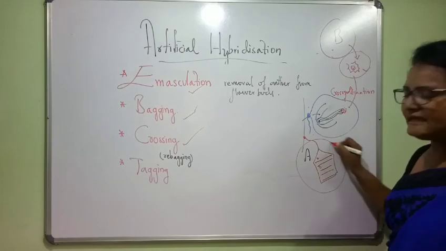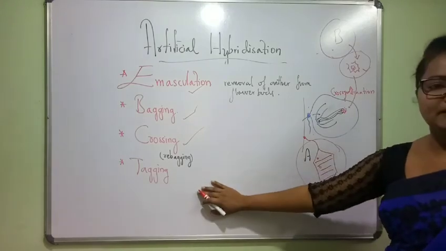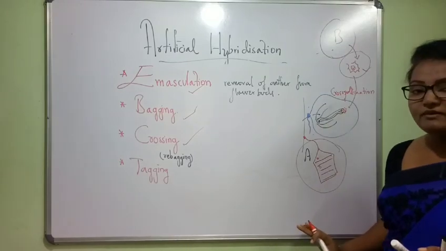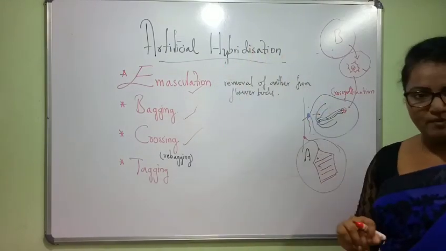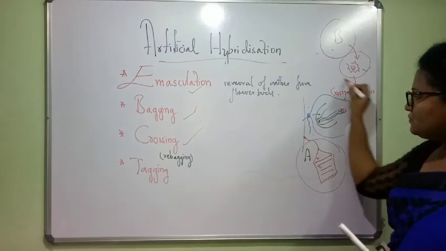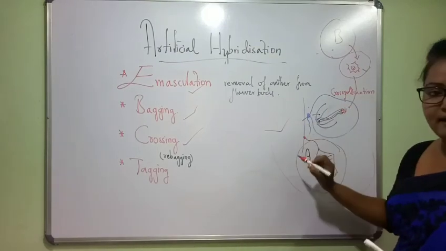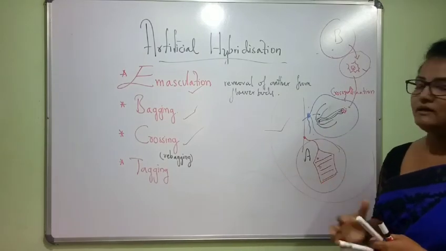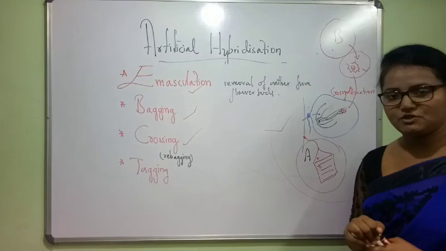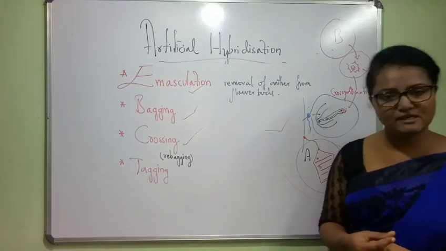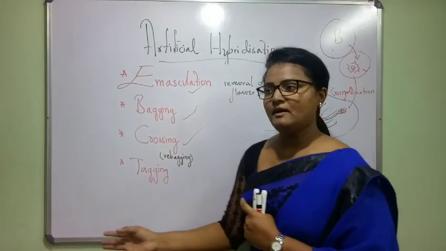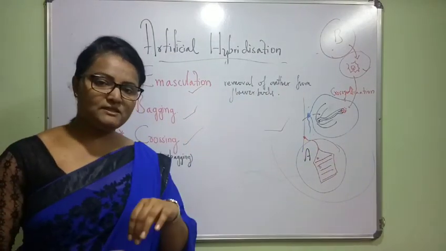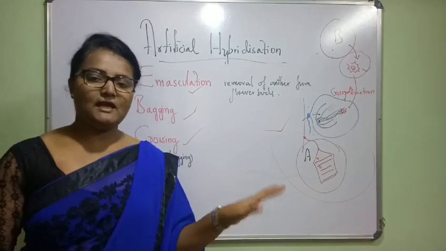This is called tagging. It is a simple thing to know. To indicate that we have performed artificial pollination or artificial hybridization on this plant, we tag it. So this is what we call artificial hybridization. Next we'll study pollen pistil interaction, and then go to the fertilization event. This ends the pre-fertilization events in angiosperms.